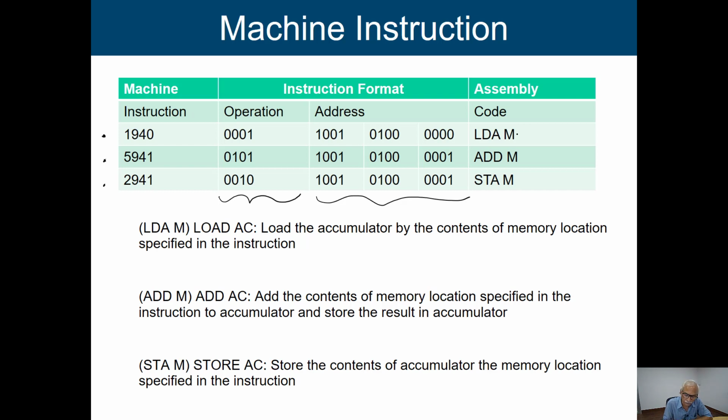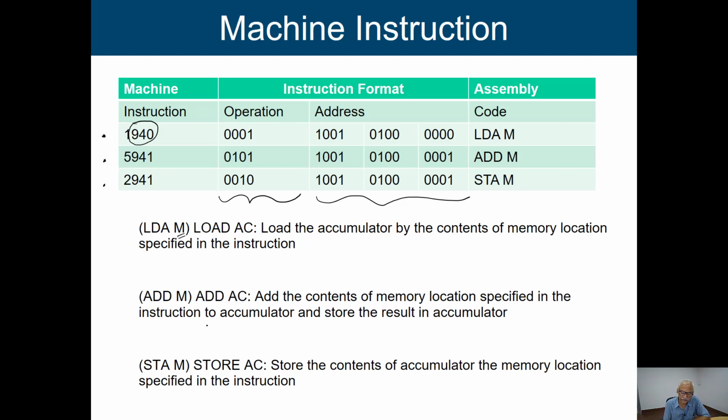So we say this is load accumulator or load AC, and the mnemonic I am going to give is load accumulator M. That means in M we are going to specify the address of the memory location from where we are going to get the data. So what it does, load AC, loads the accumulator with the contents of the memory location specified in the instruction. So in the first instruction the specified memory location is 940. So we are going to get the information from 940 and put it into the accumulator.